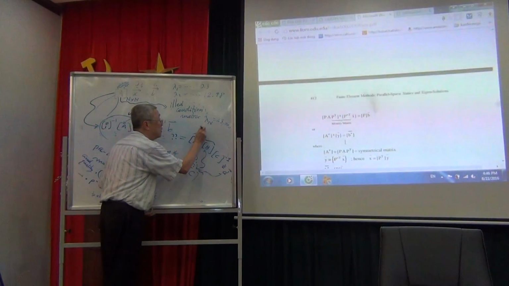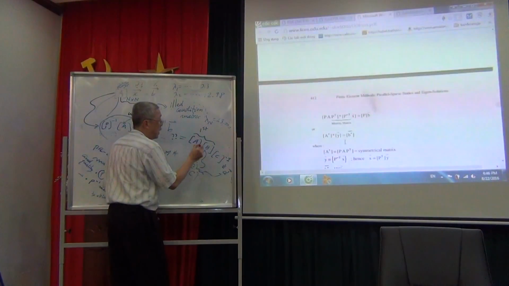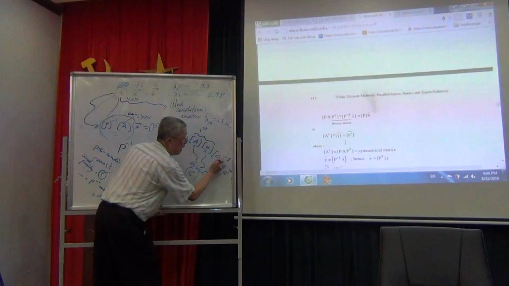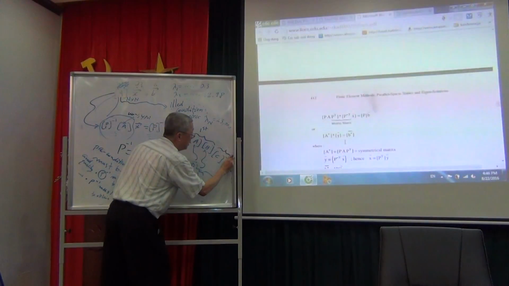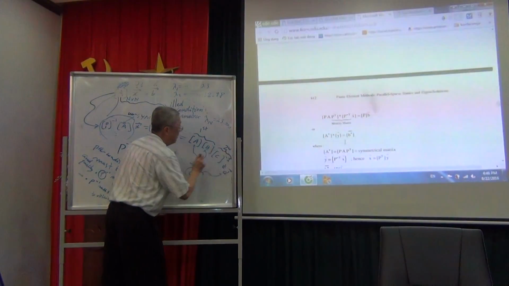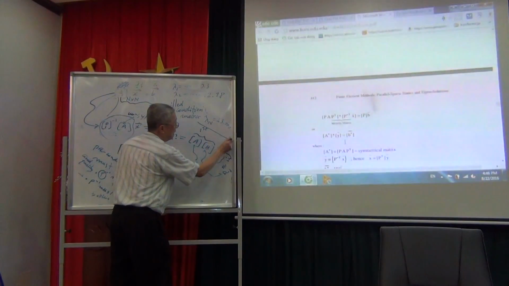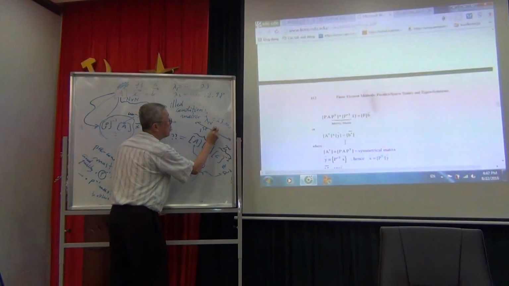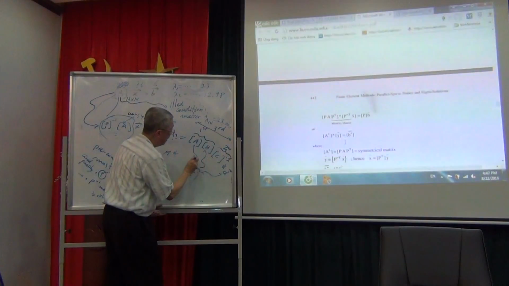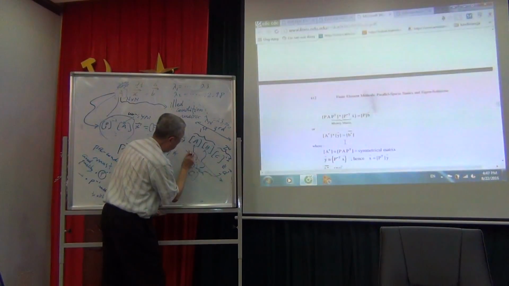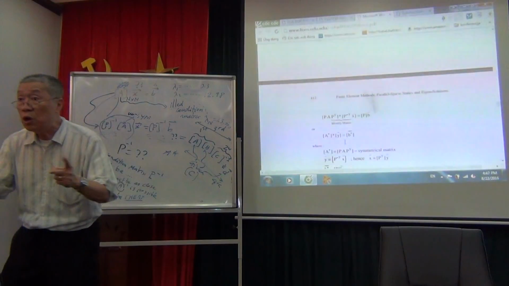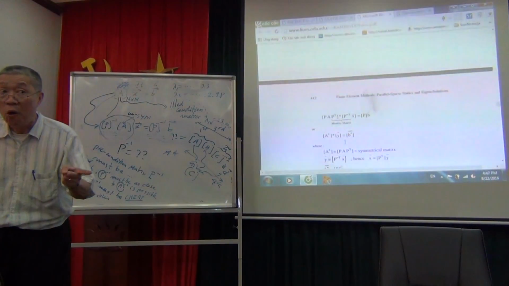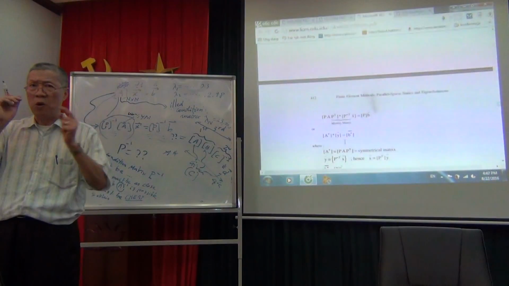Then after that, you find the inverse of C. That means you do this one second. Then after that, you do from here to here third. And then finally, you do from here to here fourth. Is that a good order? Or is that a stupid order, in your opinion?